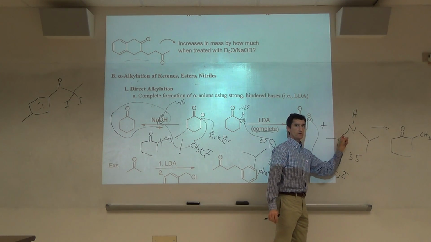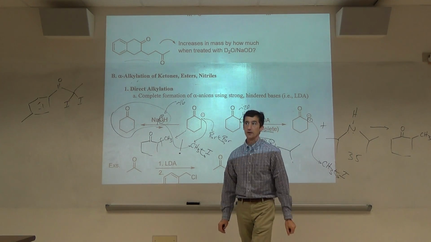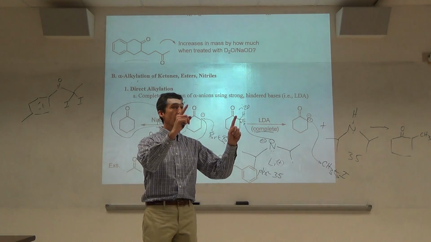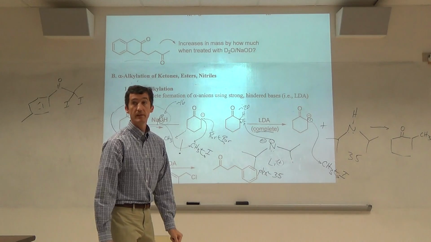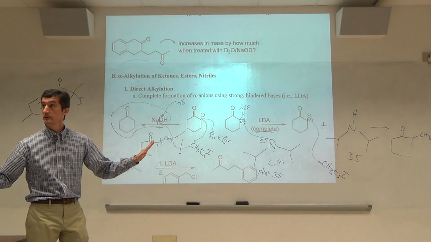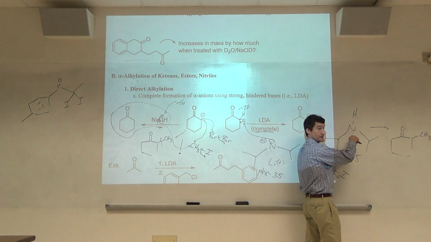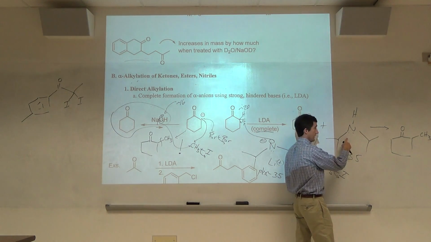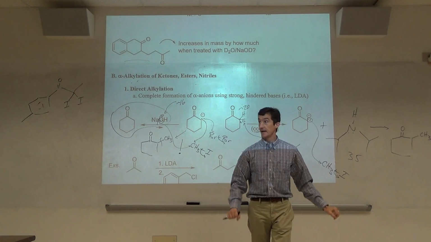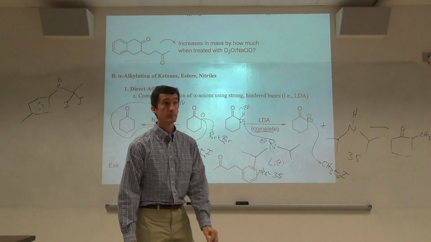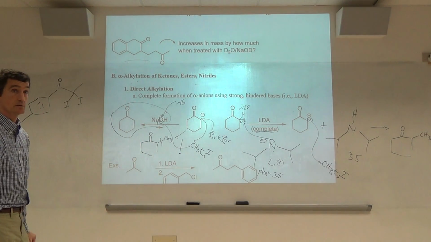Why is this also not going to attack readily? Sterically hindered. That's the purpose of the 2 big isopropyls. It's to keep it from attacking, if it was thinking about attacking, those big wings keep it from attacking. That's another reason, okay? Sterically hindered strong base.